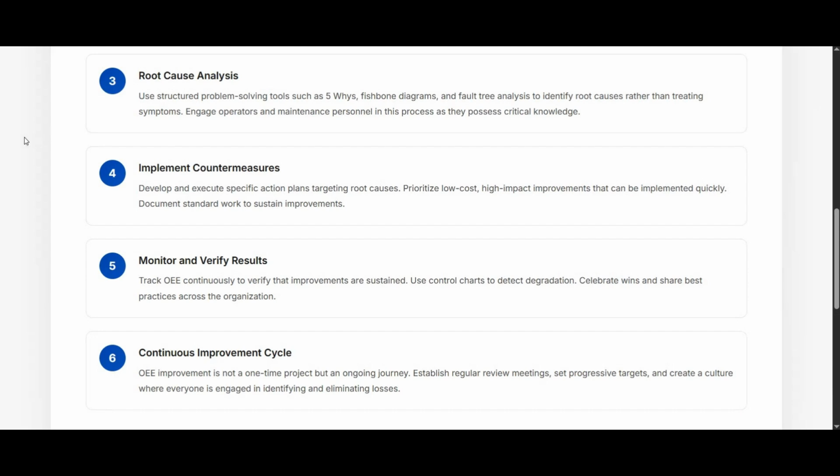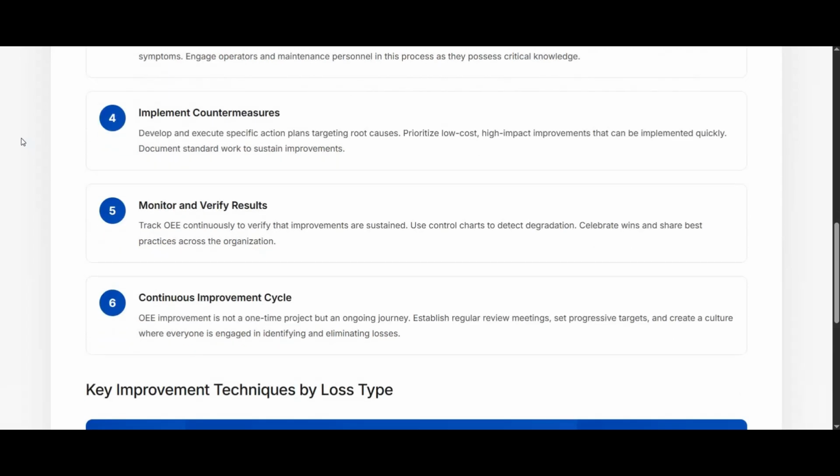Okay, and once you know the causes, step 4 is to implement countermeasures. These are targeted actions that directly address root causes, like improving a maintenance schedule, redesigning a setup, or adjusting a process parameter. Step 5 is monitoring and verifying the results.